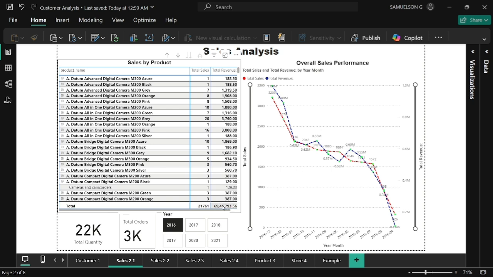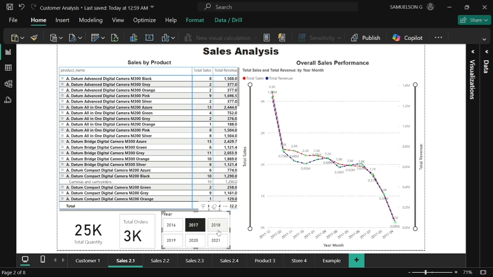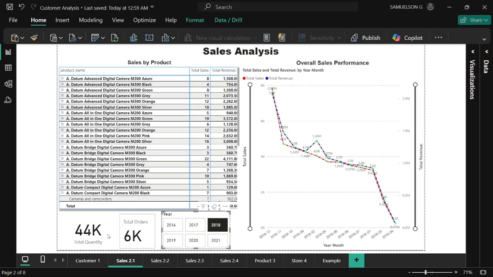Total revenue means how much they get from selling these products. Compared to this, you can see it's increasing: 7 million now, with 44k total quantity. They are selling above 44k, extra products here, and it's 12 million.